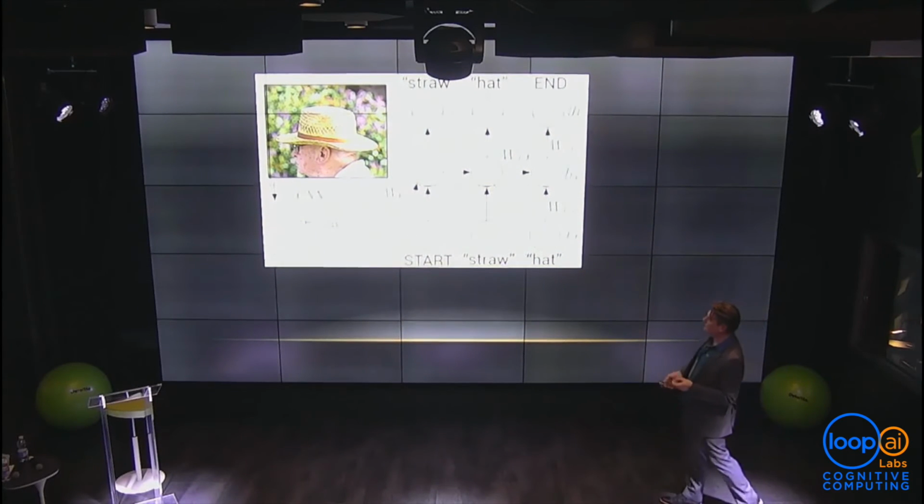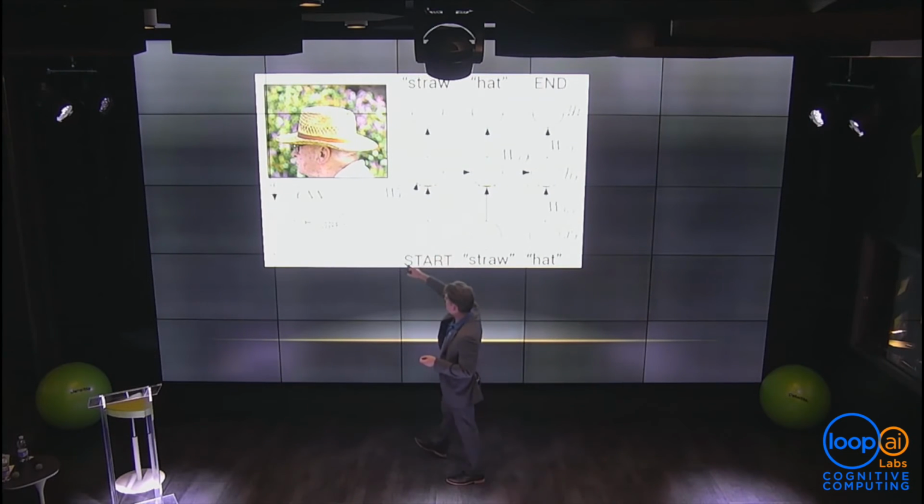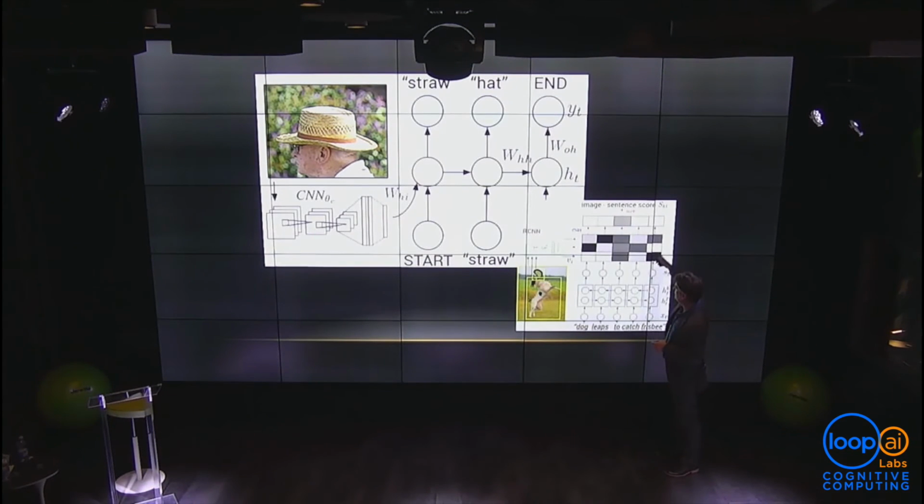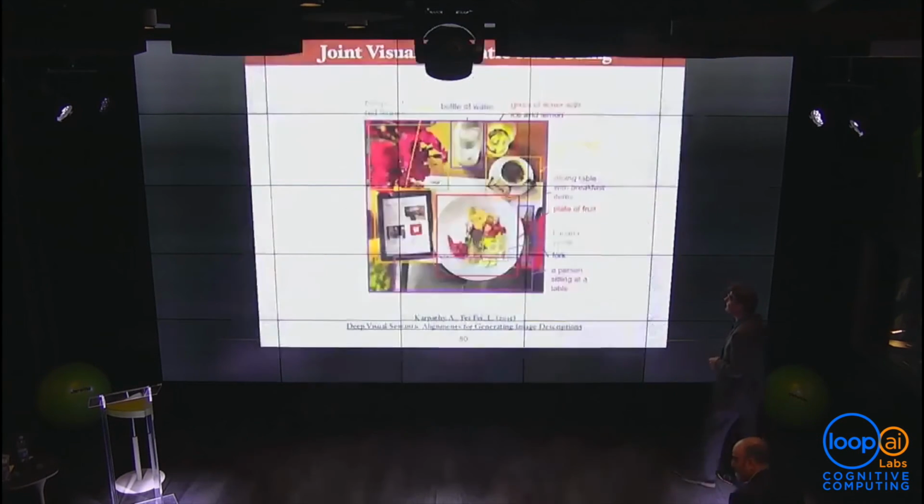The way they do this is similar to what I was just showing you in the brain. An image comes in, that's processed by a convolutional neural net, which works well with images and can be thought of as the visual cortex. You've got some kind of sentence coming in, like words like straw hat, and these are processed by a recursive neural network. And then all that stuff gets plotted into some common representational space where the image and the words are all plotted in one space together. And so this gives you that kind of fused semantic representation.